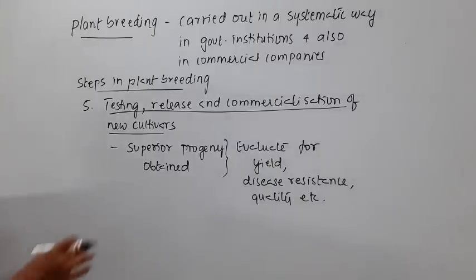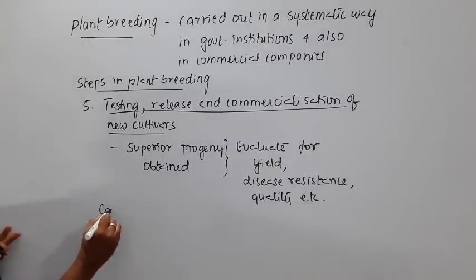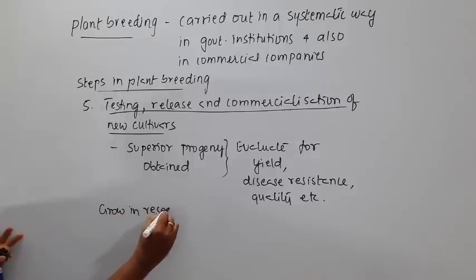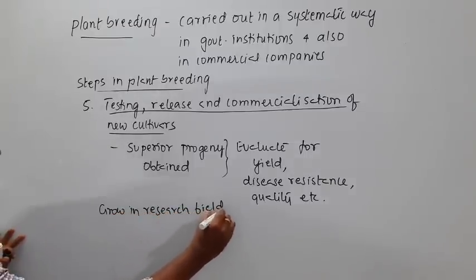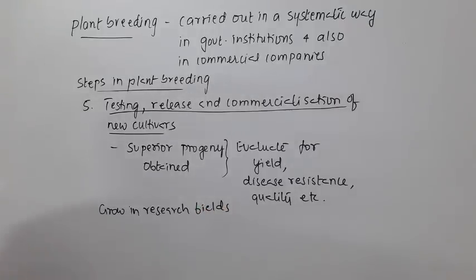For that purpose, they usually grow them in research fields. There will be lots of acres of land, and they see how much yield they are going to get for one acre of land, and whether in real conditions they have the capability to resist diseases, and what will be the quality of that product or yield. All this they do by growing them in the research fields.